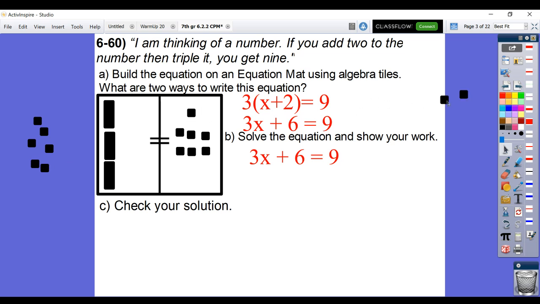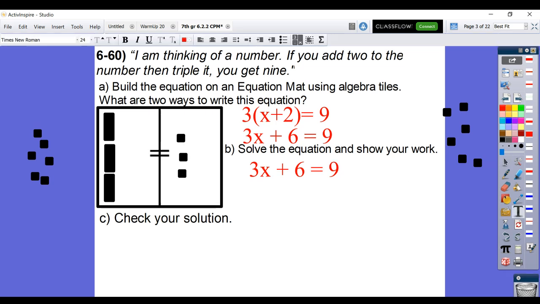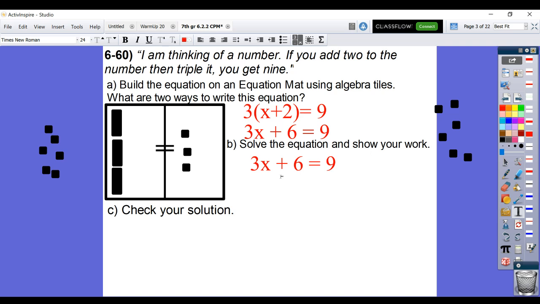So I'll just put them off over here. Okay. So once we've done that, we're basically going to have 3x equaling 3.